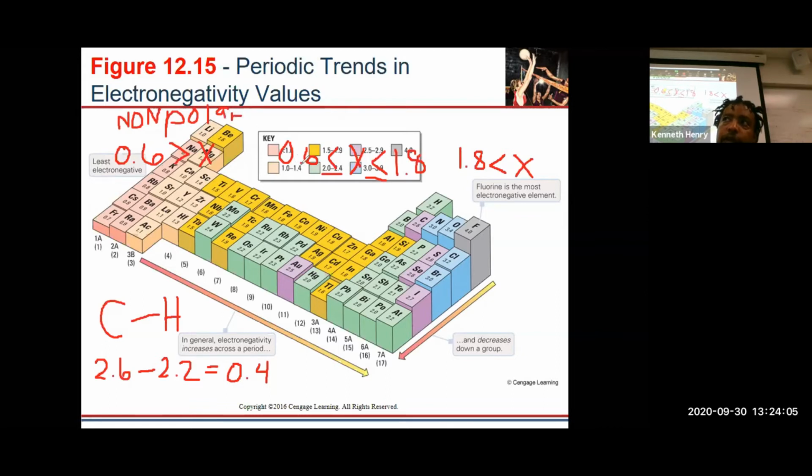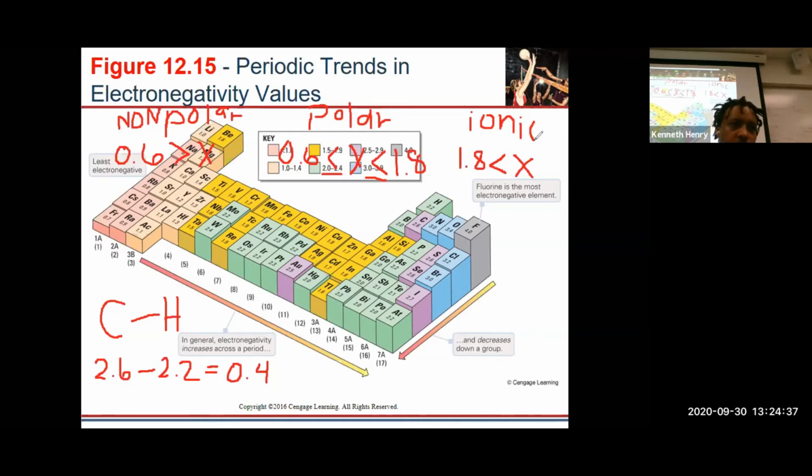If that value is between 0.6 and 1.8, then it's going to be polar. And if that value is greater than 1.8, it's going to be an ionic bond. And we know ionic bonds simply by nonmetals interacting with metals, right?